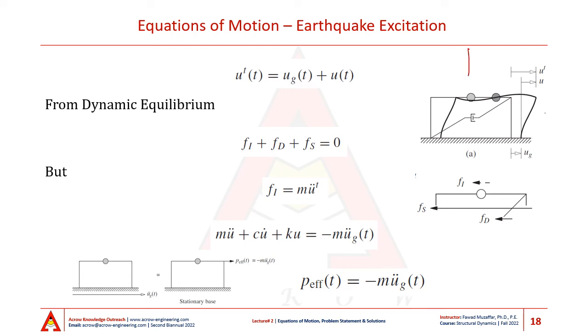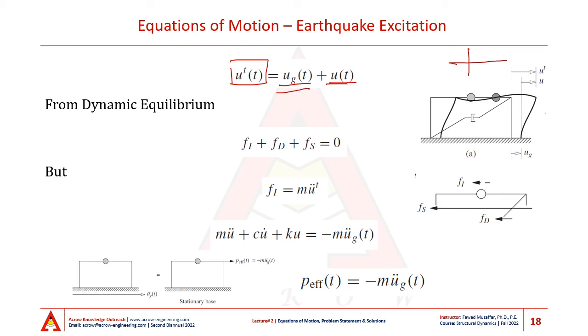And so let's assume that this is the stationary reference, and if this is the case, then the total mass displacement relative to this stationary reference is equal to the displacement of the ground plus the relative displacement of the mass to the ground.